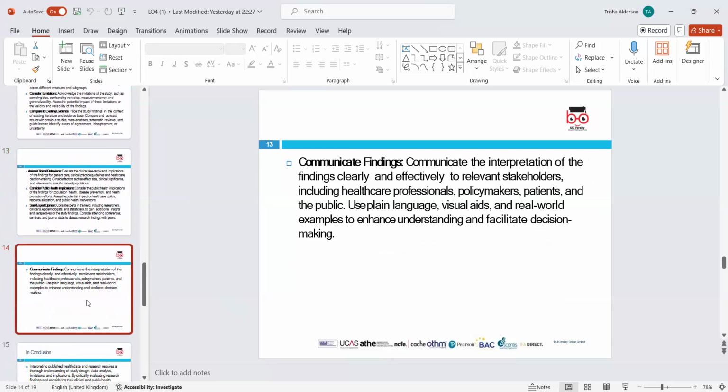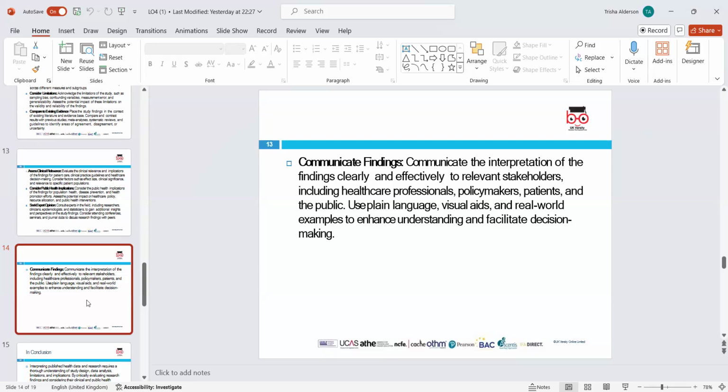Any findings must be communicated. So you communicate the interpretation of your findings clearly and effectively. The stakeholders who are involved with this have got a vested interest. They need to know exactly what's going on in order to be able to provide funding. These include healthcare professionals, policymakers, patients, and the general public.